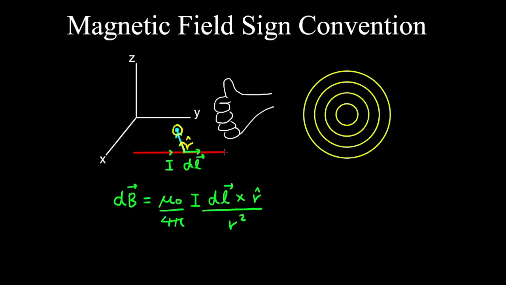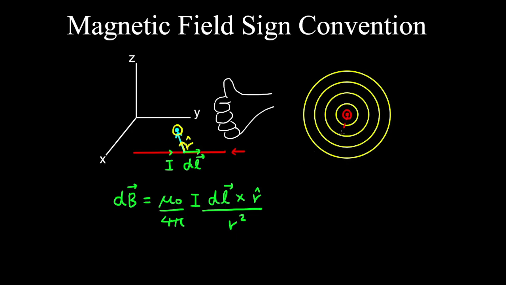Now if we look at the wire from the positive y-axis, then we're going to see it as a point with a circle around it. So this is the convention that we adopt, where the current is flowing out of the screen.